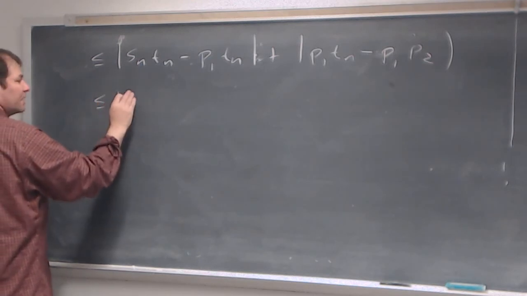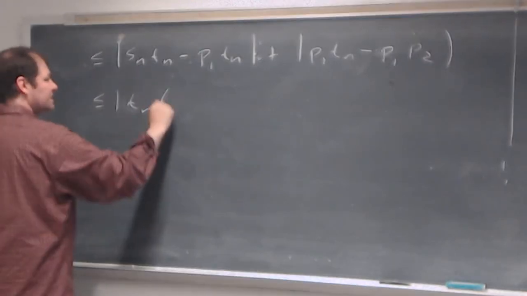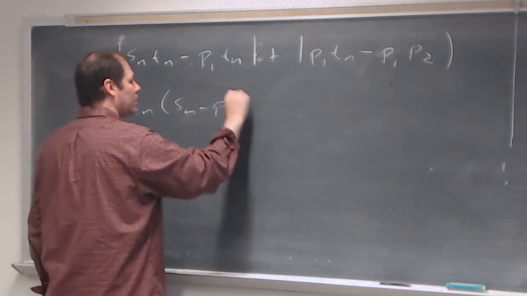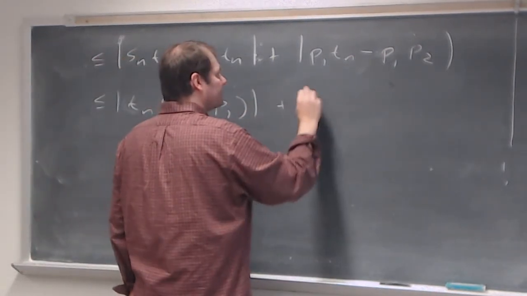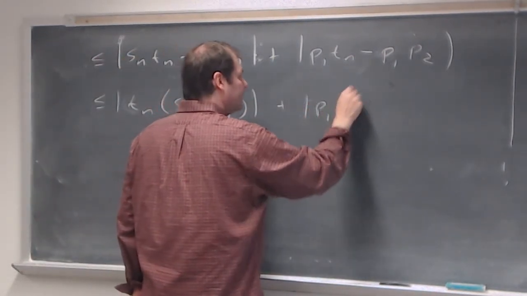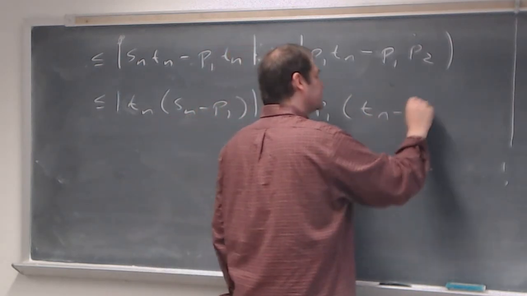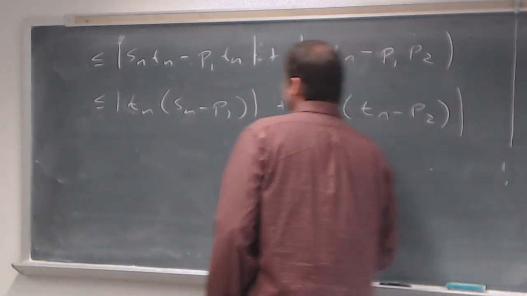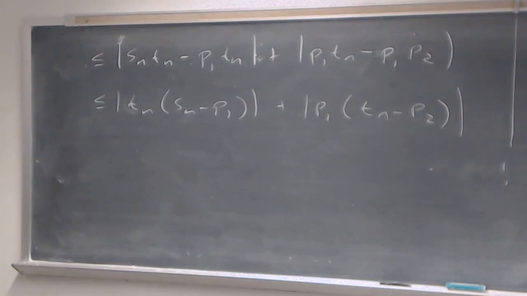I'm going to do this a little slowly. T sub n times S sub n minus P sub 1, plus, here this is going to factor out a P sub 1, and then T sub n minus P sub 2. Is that okay? And then, Melissa, remember you told me a few minutes ago, the rule that the absolute value of a multiplication means you can split them.